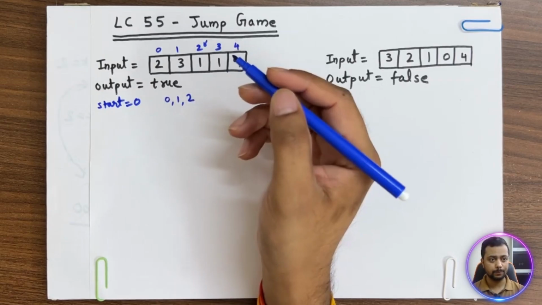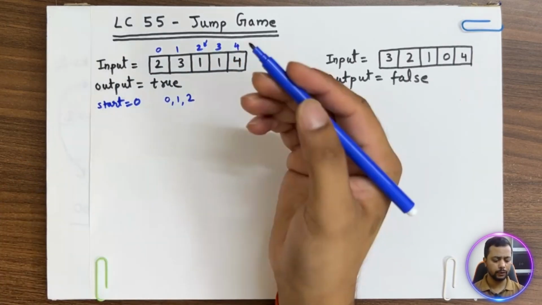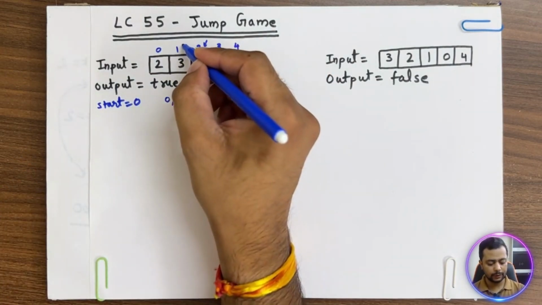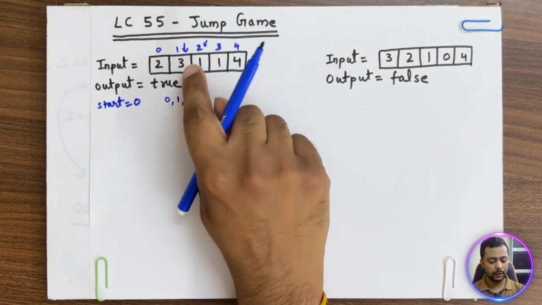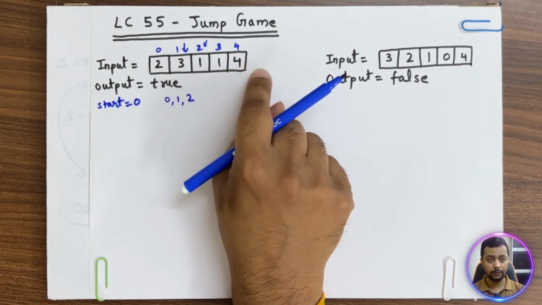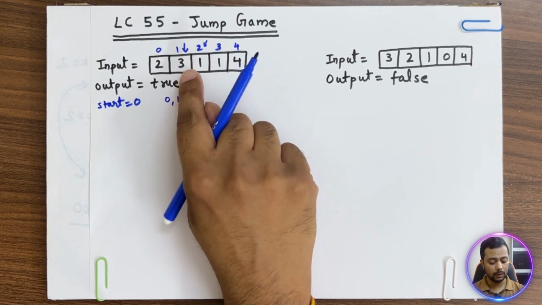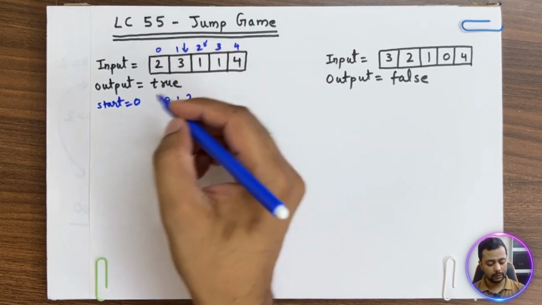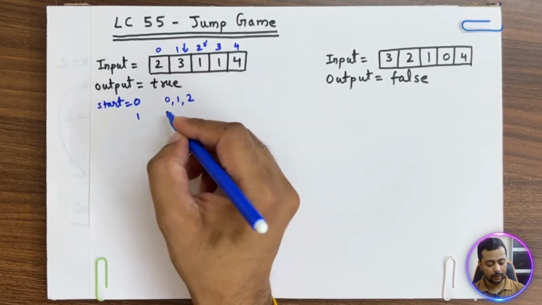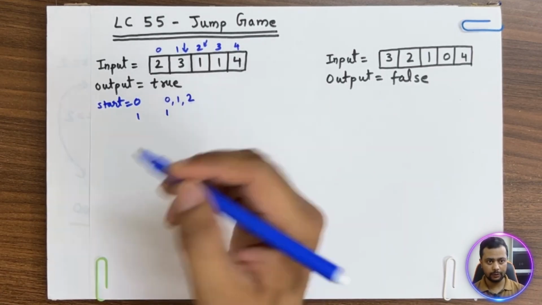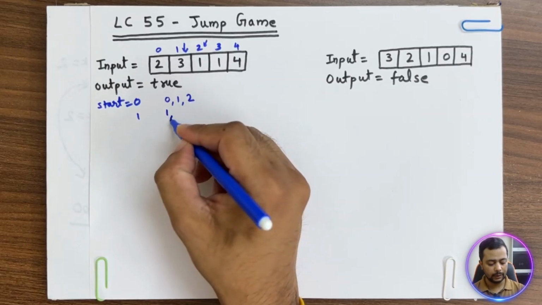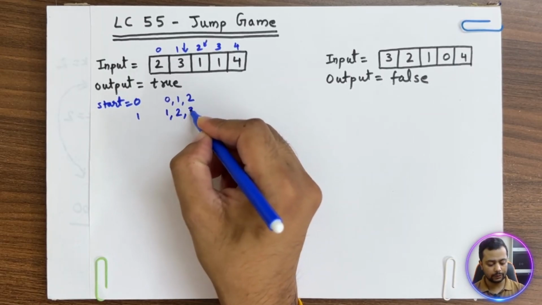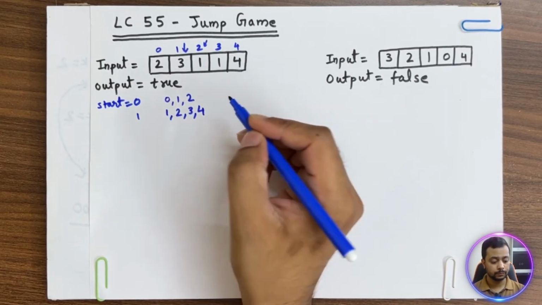Okay, so let's now go to the first index. When I am at index 1, the farthest position I will be able to reach will be 1 plus 3, which is 4. So from index number 1, I can reach 1, which is that position itself, then I can reach 2, 3 and 4.